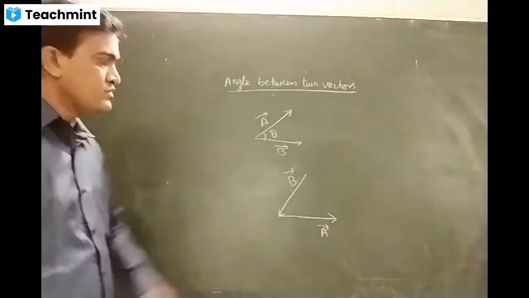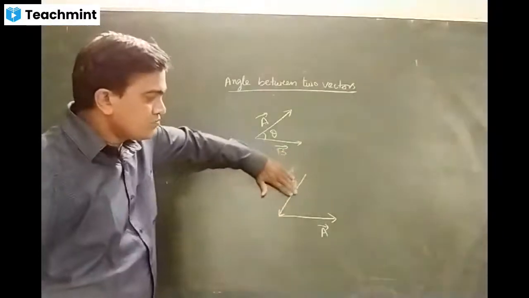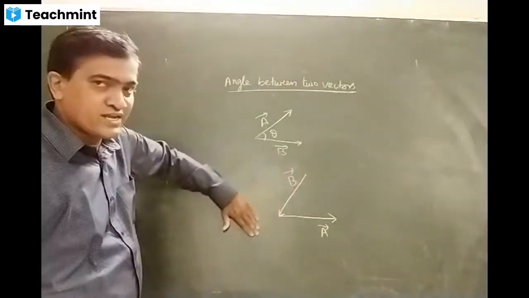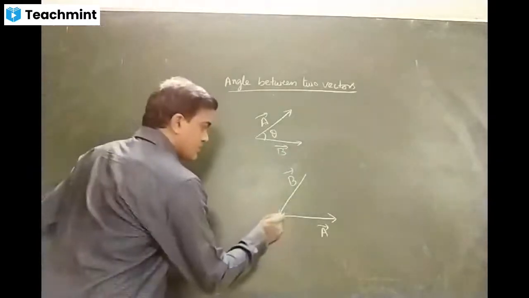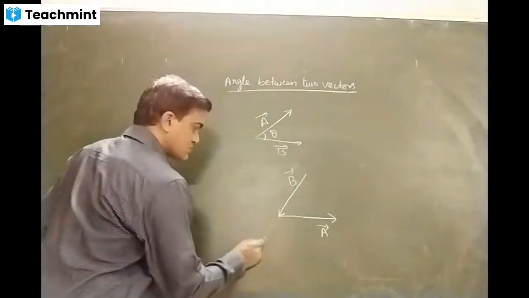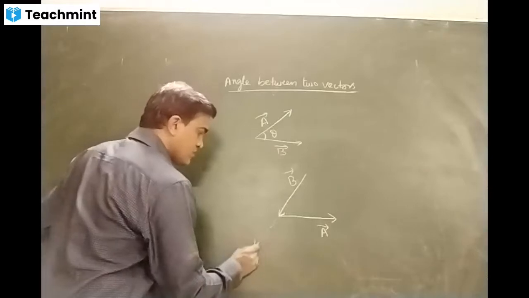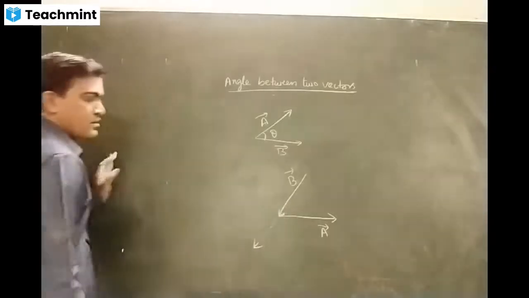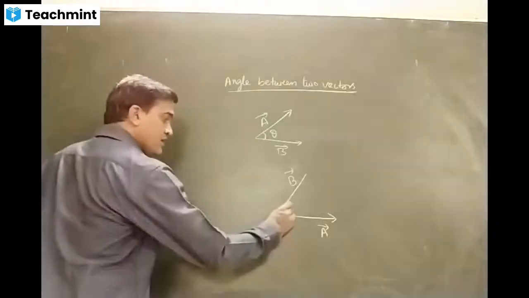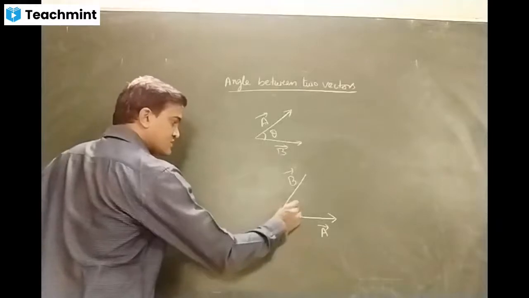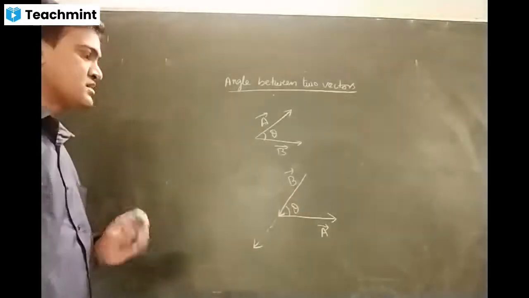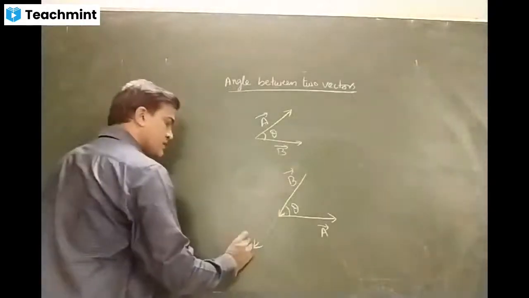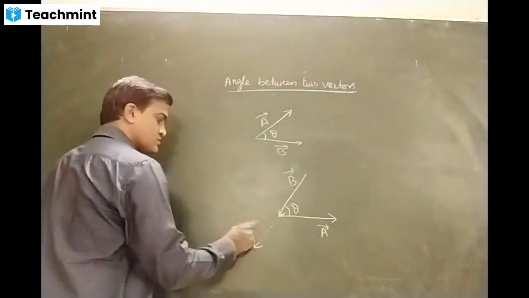So what I will do is I will move the B bar parallel to itself. Can I move like this in this direction? Yes, sir, I can move B bar in this direction, right? If I take this angle as theta, and now B bar has come to this.